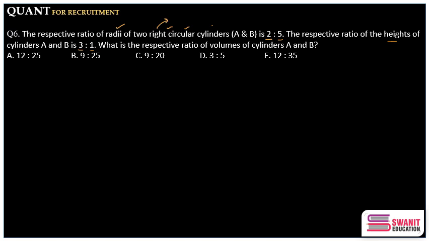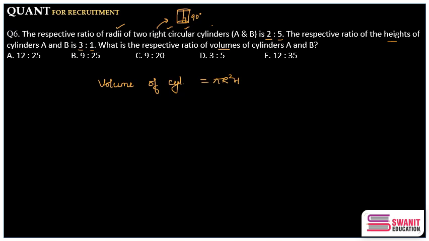In a right circular cylinder, the angle between the height and the radius is 90 degrees. So this is what we call right circular cylinders. Now when we are talking about volume, the volume of a cylinder is known as pi r square h.